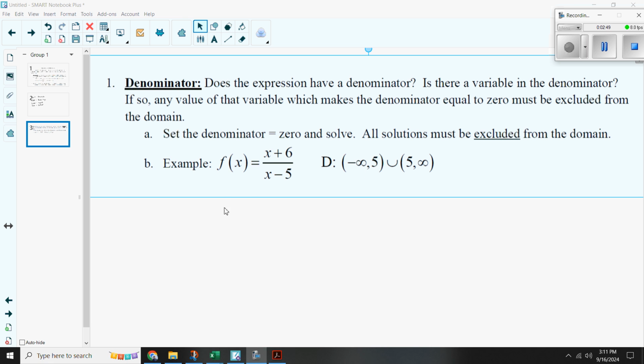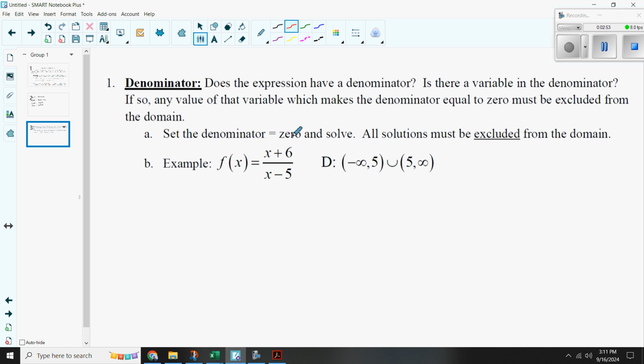I have x plus 6 divided by x minus 5. Well, I have a denominator, x minus 5, and it has a variable in it, x. So if I want to find out what can't be in the domain, I'm just going to say x minus 5 cannot be equal to 0. I add 5 to both sides, x cannot be equal to 5.